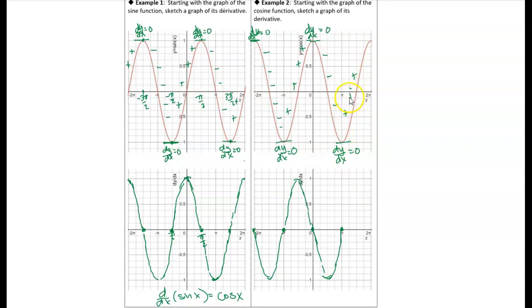Oops, and then it looks like here it's also dy/dx, the slope is 0, right? So dy/dx is equal to 0 at 2 pi. And then because the function is increasing, the slope is positive, and the derivative is above the x-axis. All right, there's a sketchy sketch for you.